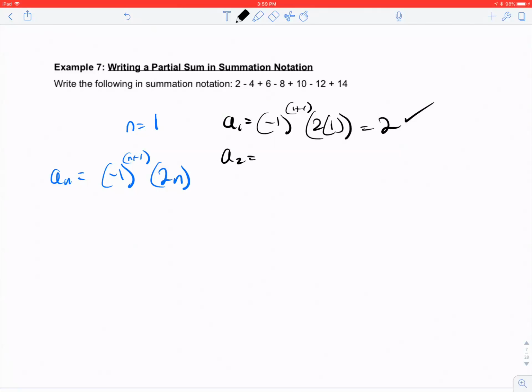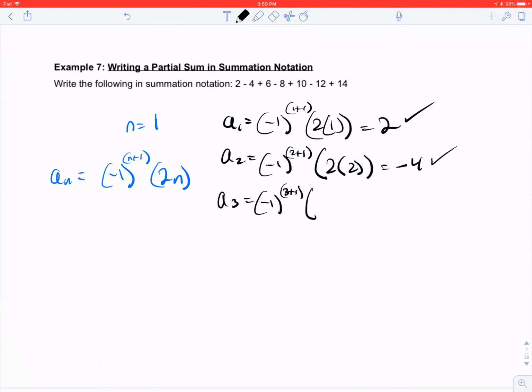For a2, (-1) to the 2 plus 1, times 2 times 2, is -4. That checks out. For a3, (-1) to the 3 plus 1, times 2 times 3, we know it's going to be 6, and positive. That checks out. So on and so on. It seems like it's working, so we're going to stop there.